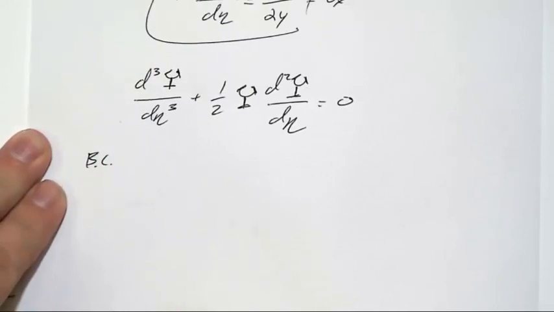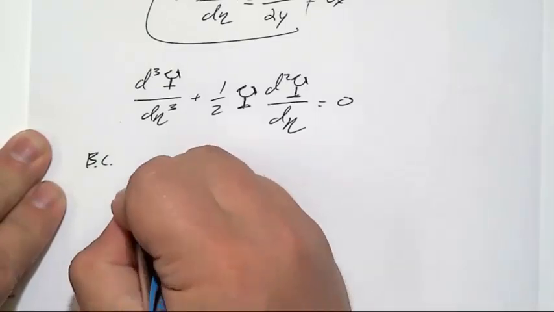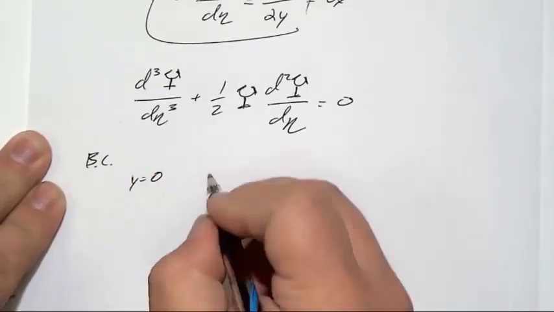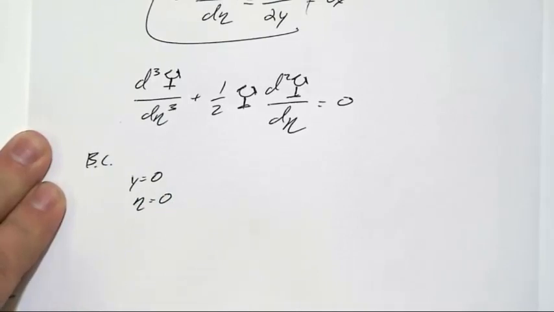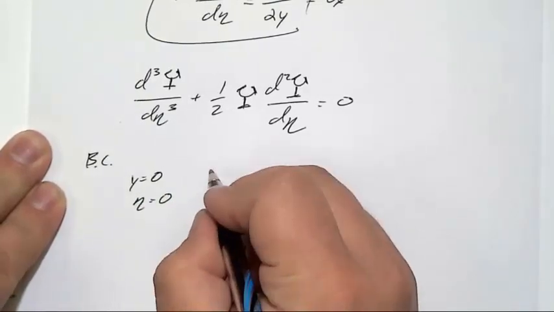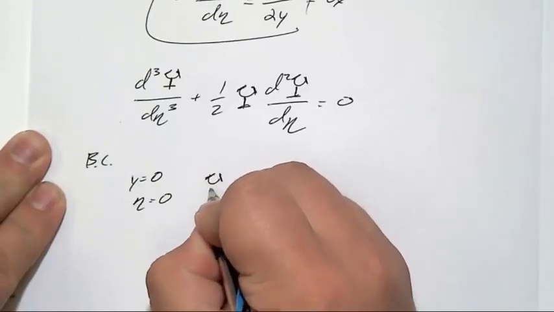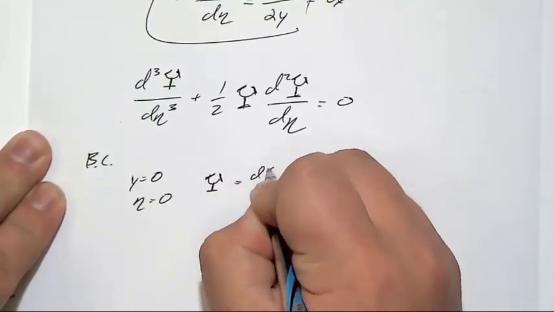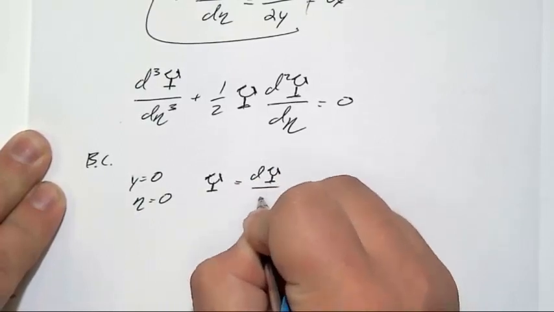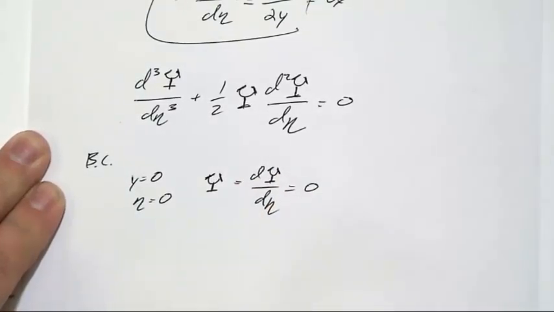Similarly, I have to change my boundary conditions so they are also in terms of my modified stream function and nu. So for the case where y is equal to 0, nu is going to be equal to 0. And then in this case, my modified stream function and the derivative of my modified stream function are also going to be equal to 0.